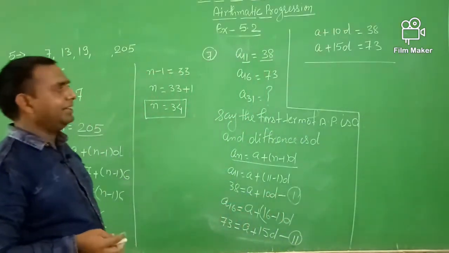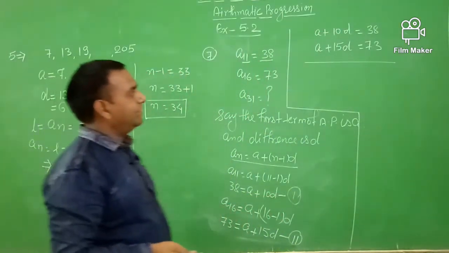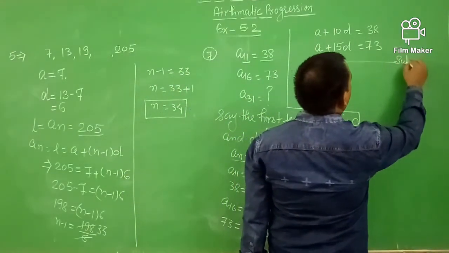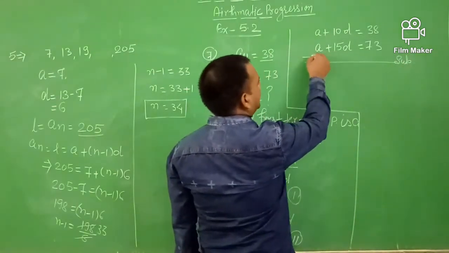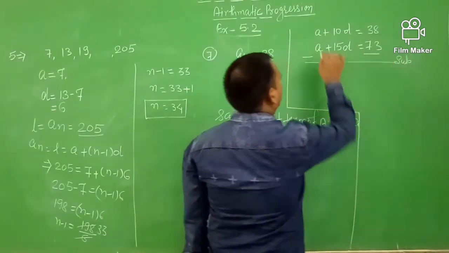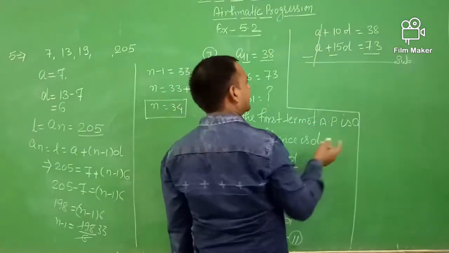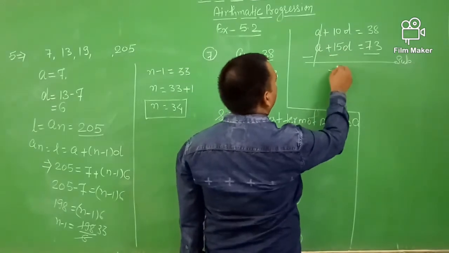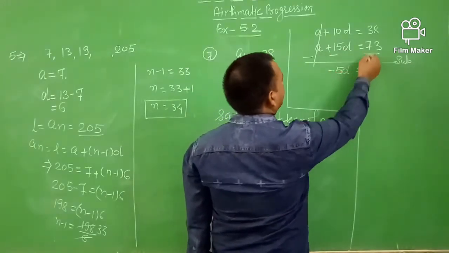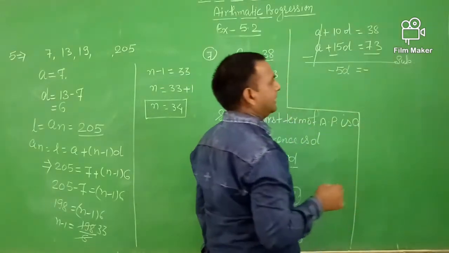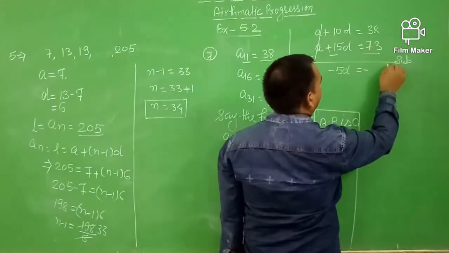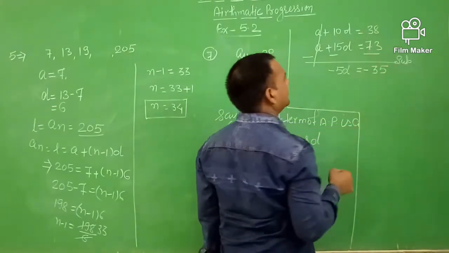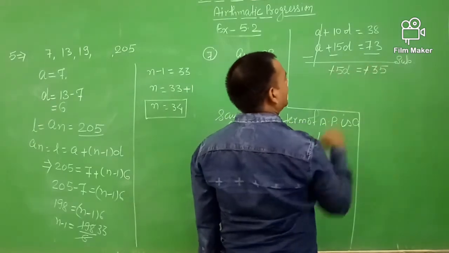If the value of a is the same, then after the subtraction the sign will be changed. This is a minus, this is a minus. a minus a is cancelled. Here is a minus 15d, here is a plus 10d, so this is equal to minus 5d. Then this is negative 73, this is positive 38. 13 minus 8, it is 5. Next 6 minus 3, it is equal to 3. So the minus is cancelled by minus.